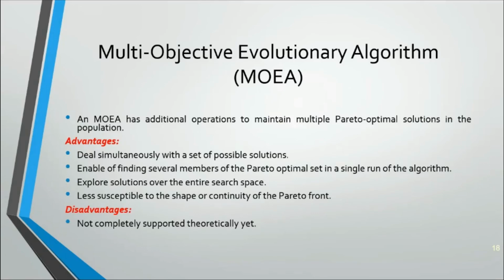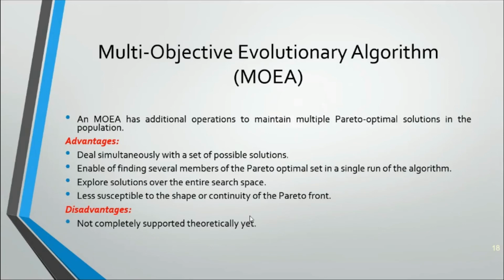So then there is the multi-objective evolutionary algorithm. An MOEA, that is a multi-objective evolutionary algorithm, has additional operations to maintain multiple Pareto optimal solutions in the population. That is, other than the normal optimization operations that are to be done in the population of the evolutionary algorithm, in order to find the Pareto optimal solutions, some other additional operations are also to be involved.